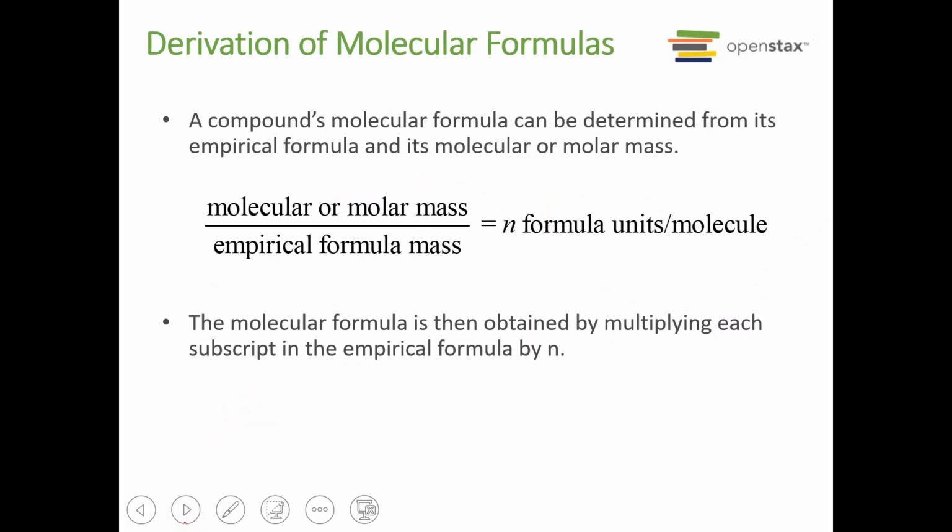Now let's talk about how we calculate a molecular formula. If we already have an empirical formula and we know the molar mass of the compound, we can calculate the molar mass of the empirical formula, and then we divide the molar mass of the compound by the molar mass of the empirical formula and find out what we need to multiply the empirical formula by to get the molecular formula.